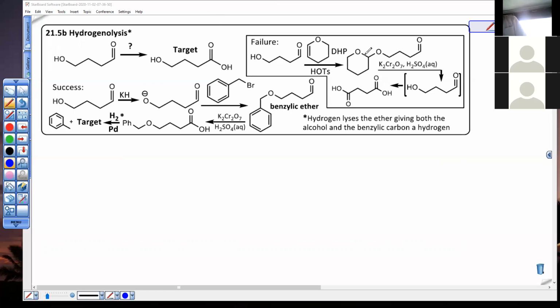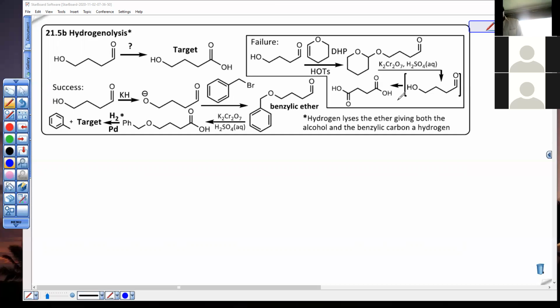You're trying to protect your alcohol so you can react your aldehyde. Well, sadly, the conditions of oxidation are also the conditions of deprotection of a DHP protecting group. Deprotection of DHP happens under acidic aqueous conditions. So acidic aqueous conditions are going to deprotect your alcohol and it will get oxidized.